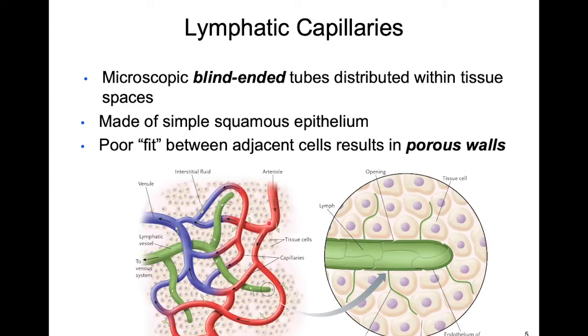They have an arterial end and they have a venular end. So fluid flows in one direction through the blood capillaries, continuous from the arteries to the veins. All right, whereas with our lymphatic capillaries, they're blind-ended. And so the only way that fluid can move into the capillaries is through these pores.